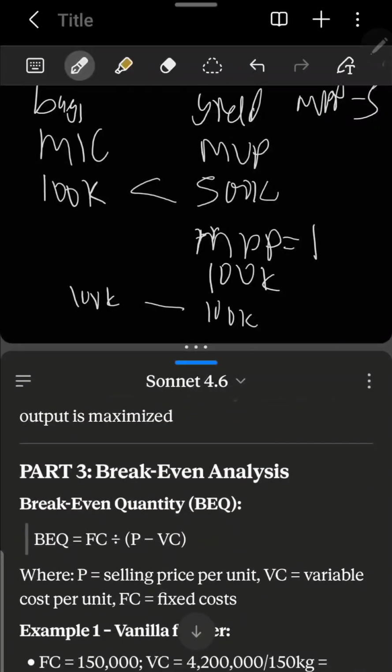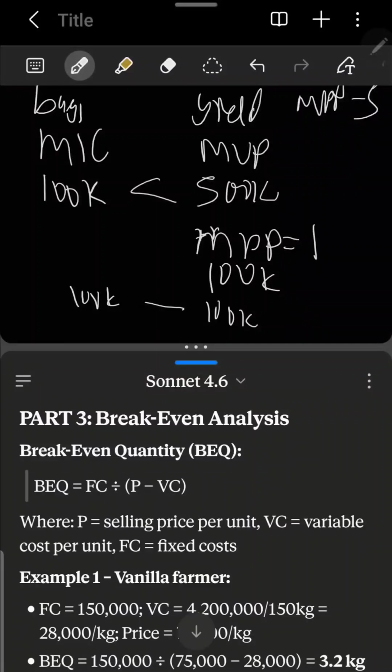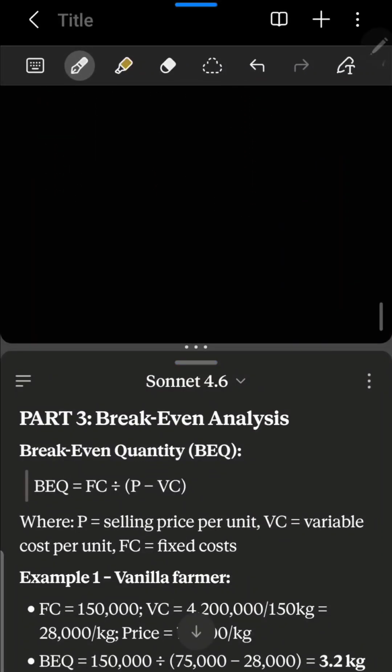Next, we're going to look at the break-even analysis, and we are going to try to derive the break-even equation. Sorry, the break-even quantity. We know that for you to break even, what should be true?